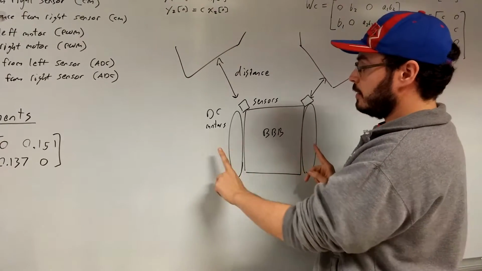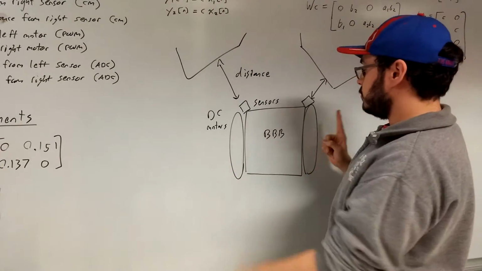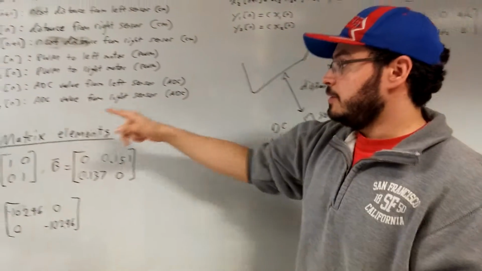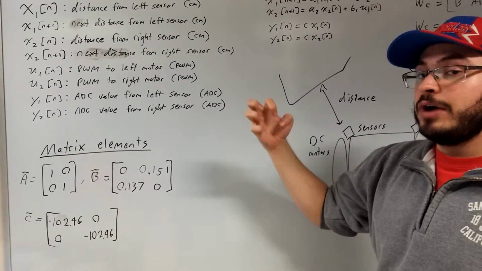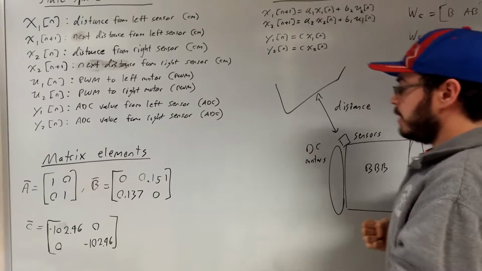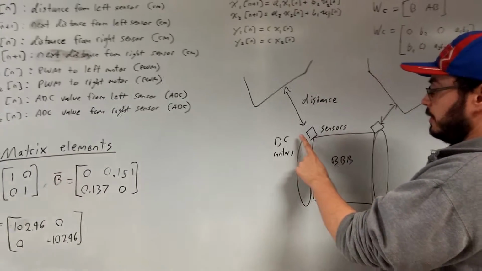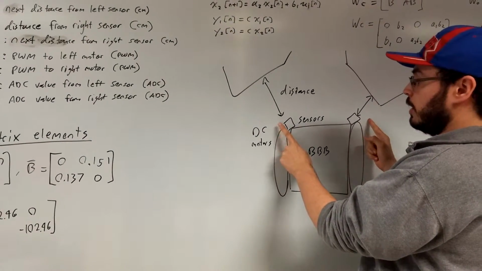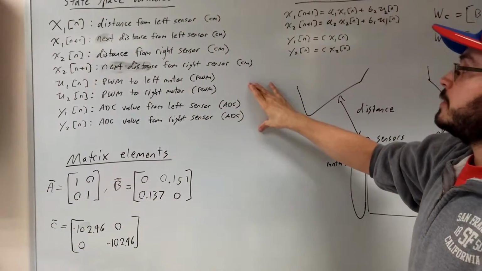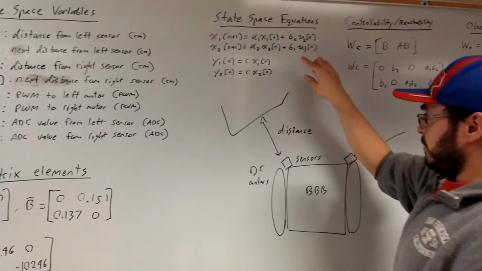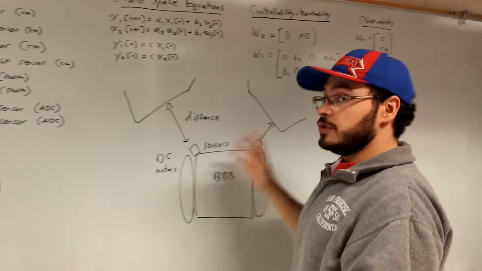So u1 is left, u2 is right. And lastly, y1 and y2 are the ADC values that are read in from our sensors, corresponding to left and right also.